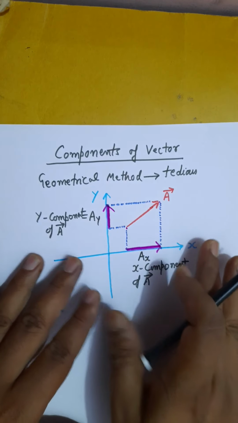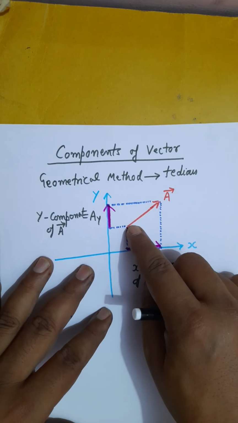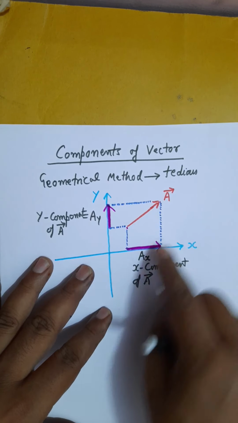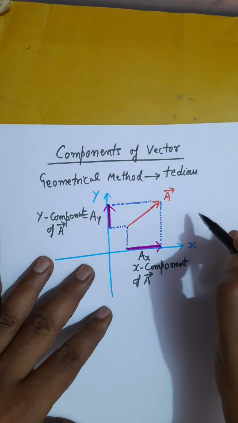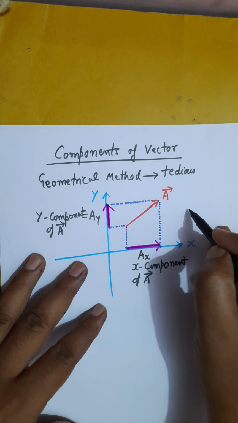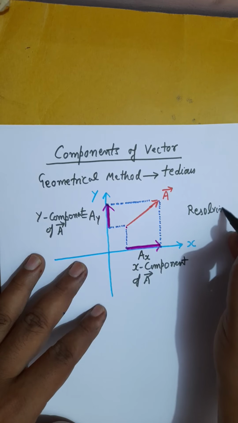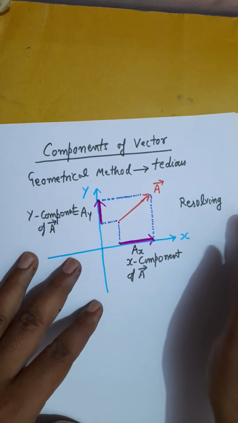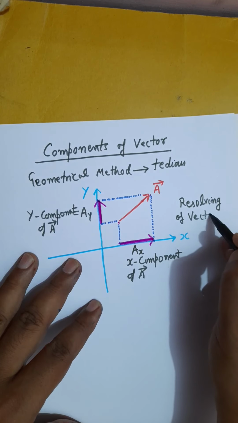And this whole process of dropping perpendiculars, then finding this length and so on, we call it resolving a vector. The process of finding the components by this method is called resolving of vectors.